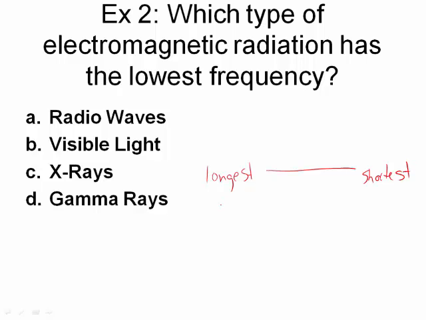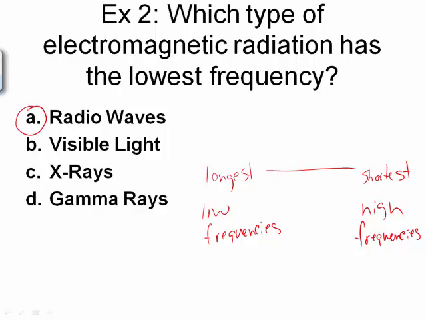We also know that long wavelengths have low frequencies, and our shortest ones have high frequencies. So looking at our electromagnetic spectrum from our notes, radio waves are going to be the longest, and if they are the longest, then they have the lowest frequency, so A. Radio waves will have the lowest frequency out of all of them. It's going to take them longer to pass a given point per second.